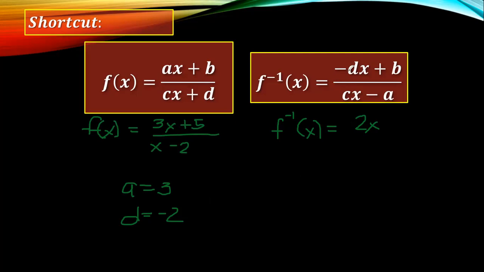Papalitan mo lang yung sign ni letter D. So, 2x, copy yung B, plus 5 all over, copy yung CX. So, x pa rin. Magiging minus A. So, x minus 3. And that will be our answer.